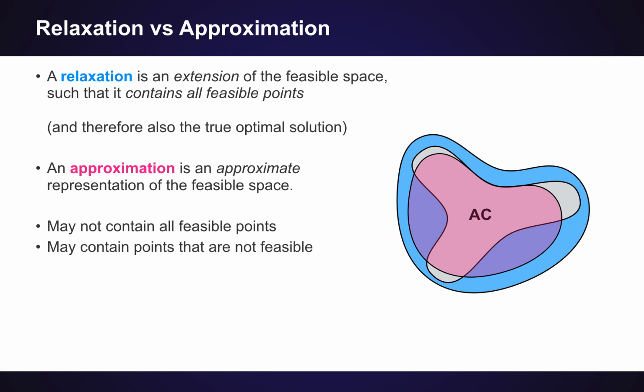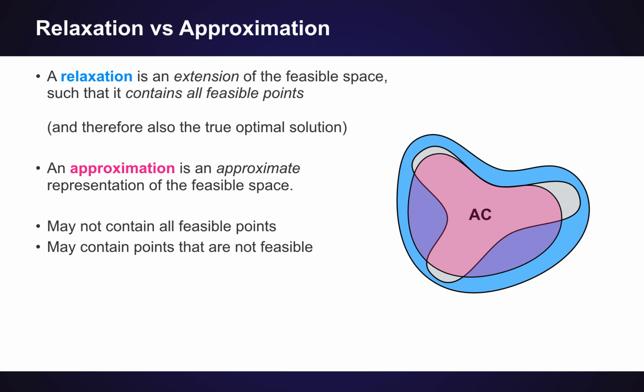However, with an approximation, we have the problem that it may not contain all the feasible points. So there might be points that were feasible for the original AC problem that are not feasible for the approximation.